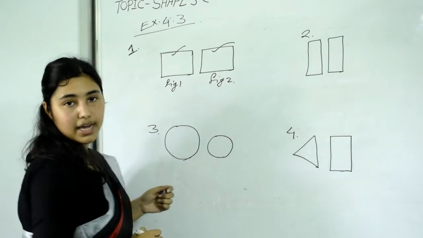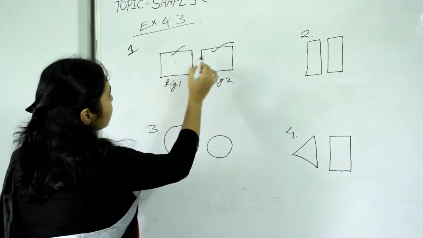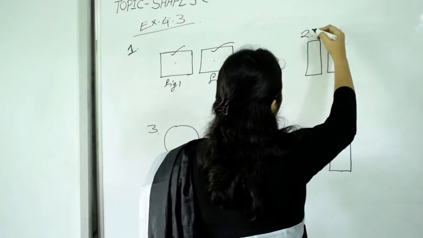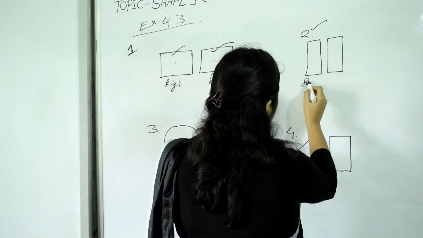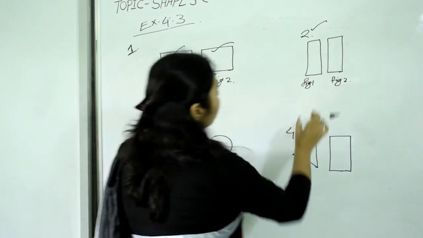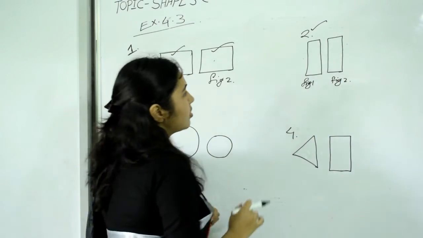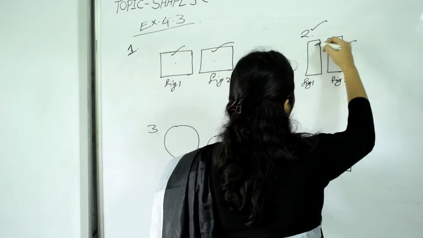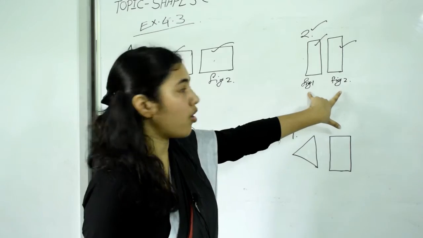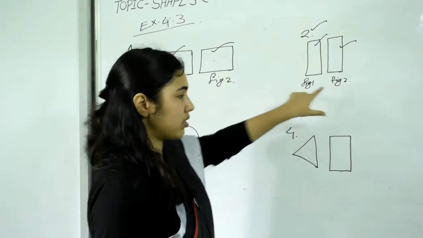And the same size, right? Then these two figures are congruent to each other. Next, in 2, this is figure 1 and this is figure 2. Both are rectangles, right? And are of the same size, which means these two figures are also congruent to each other.